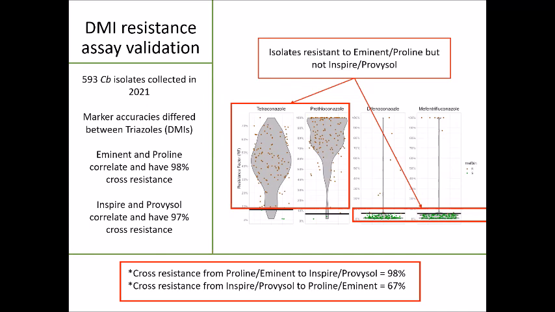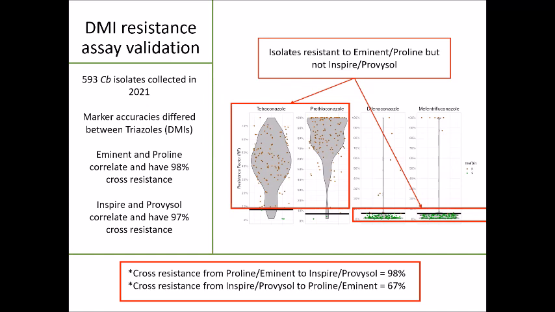But when we compare the cross resistance between this group and this group, we see that there's a 98% cross resistance from Eminent and Proline to Inspire and Probosol, but the opposite is not true, from Inspire and Probosol to Proline and Eminent, with 67%. So a third of the isolates we tested are resistant to Proline and Eminent, but not to Inspire and Probosol.